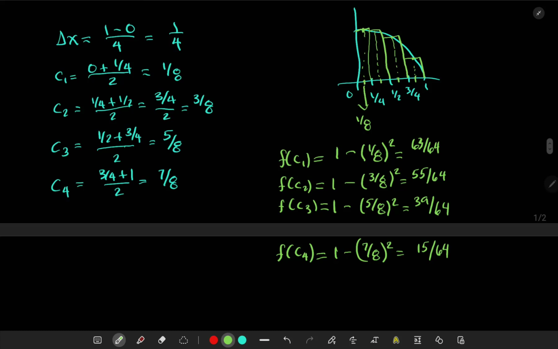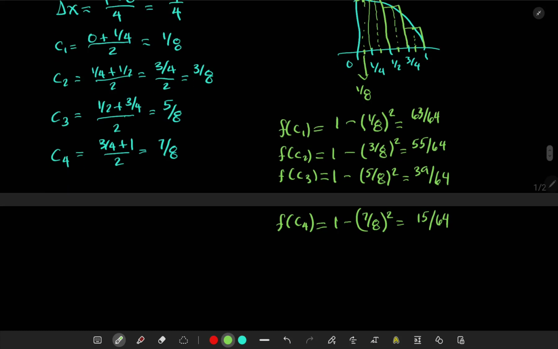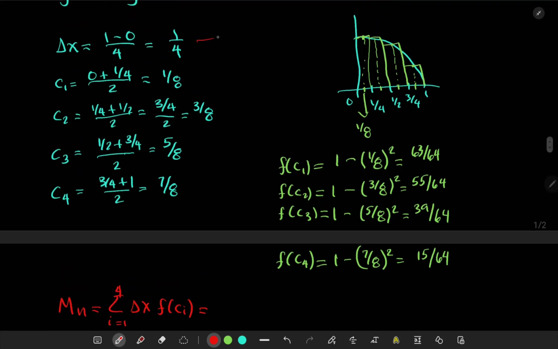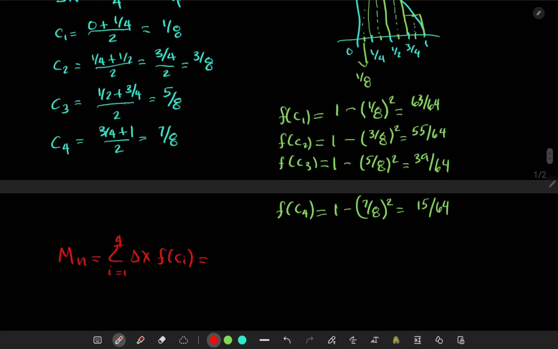All right. So now what I have to do is write the formula for the area. The approximation, I suppose. Mn is going to be the sum from i equals 1 to 4 of delta x times f of ci. And as you know, I can always factor out my delta x. My delta x, if you remember from here, is 1/4.